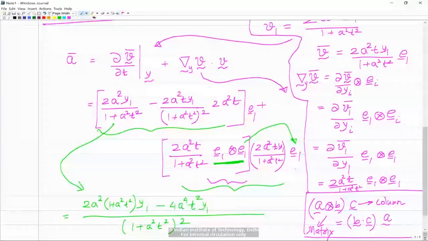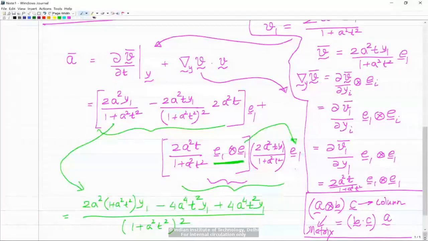Okay, then the convective term, that's plus 4 times a to the power 4 t square into y1, isn't it? Yeah, I think so.